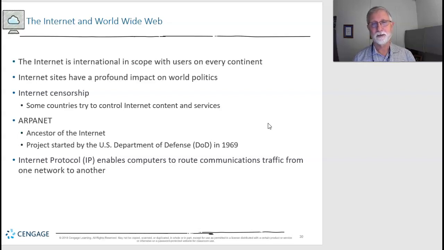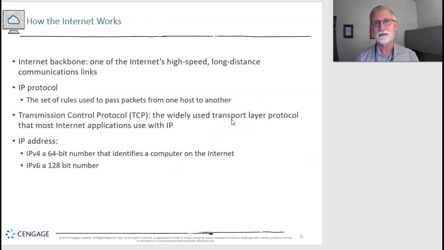And then you see things like the Internet Protocol, and basically that is how I address machines. Now, the internet backbone is basically just the high speed communication links. The IP protocol is just the rules for how I'm going to pass information back and forth to each other.